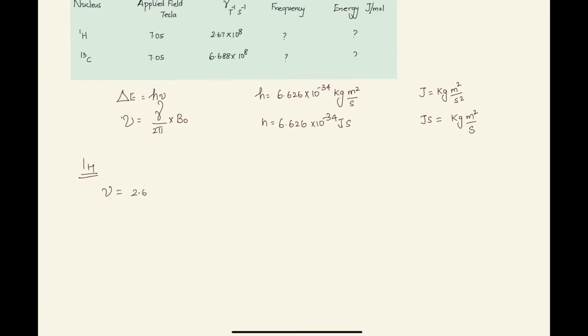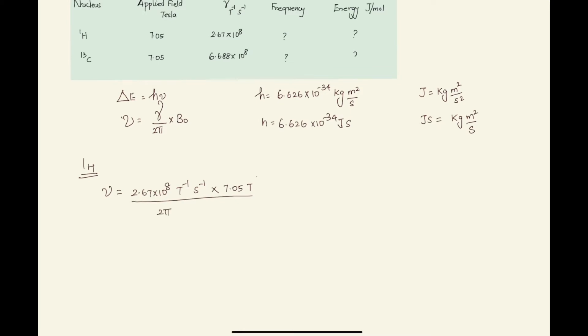This has to be multiplied by B0. My B0 for the hydrogen nucleus is actually 7.05 Tesla. Okay, so this is the magnetic field strength present in the NMR instrument, divided by 2 pi.